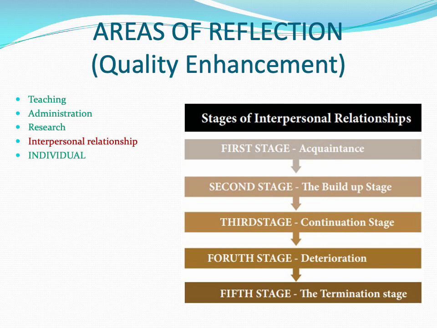During this stage, our reflection has to move on. We have to think continuously. We have to assess in which area the problem is arising, in which area that event is not going the right way. Is it in the acquaintance? Is it in the build-up stage or in the deterioration stage?